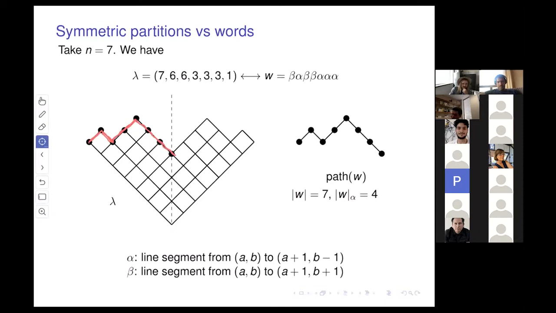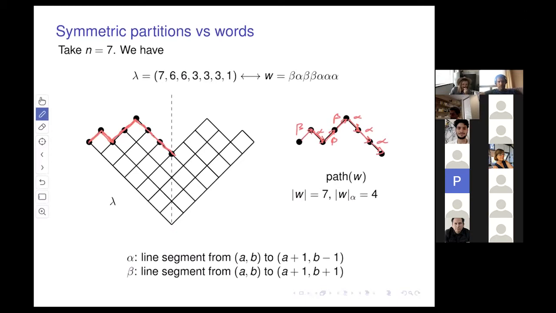So whenever I go up along the path, I'm just going to write alpha. And whenever I go down southeast, I'm just going to write beta. Okay, so if I describe it in this way, then it's clear that the number of words has to be a power of 2, namely 2 to the n.